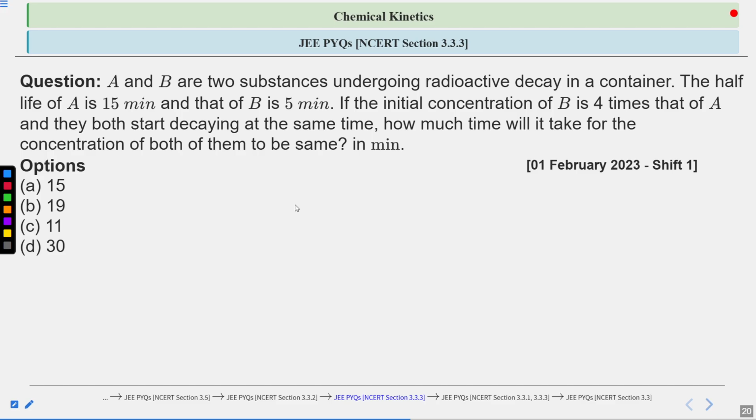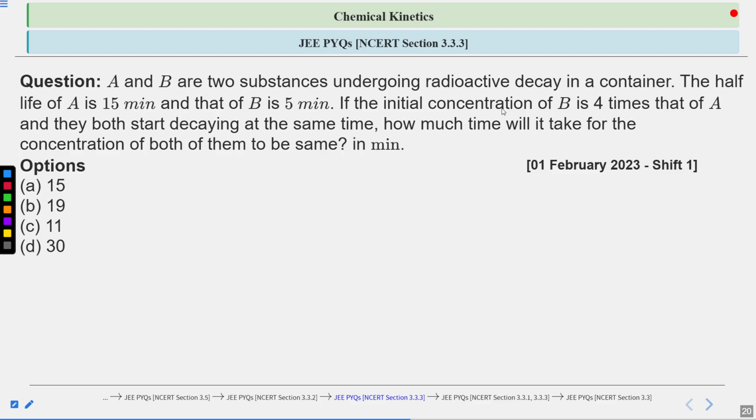So try to understand first of all what the question is asking. We are given two substances A and B which are radioactive and which are undergoing the radioactive decay process in a container. The half-lives of A and B are mentioned. The initial concentration of B, that is B naught, let's say, is given as 4 times that of A. Now, they both start decaying at the same time.